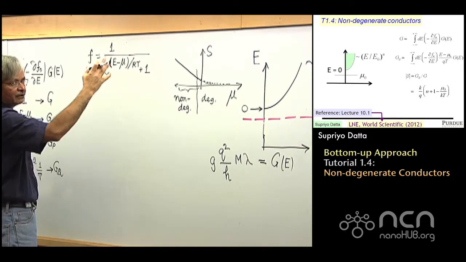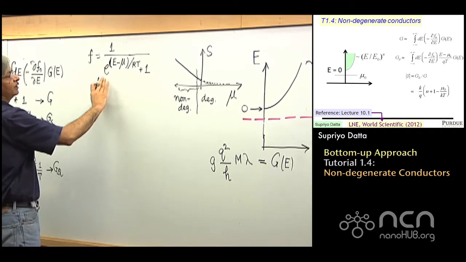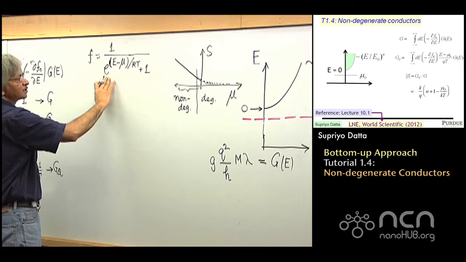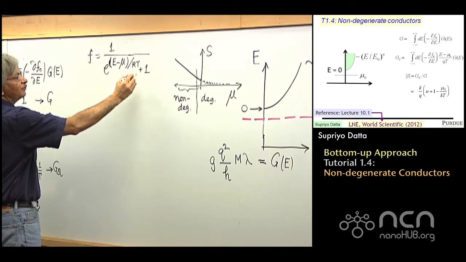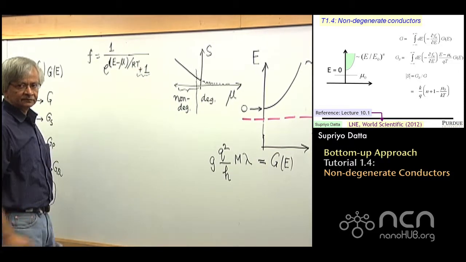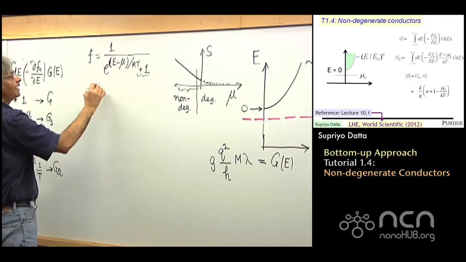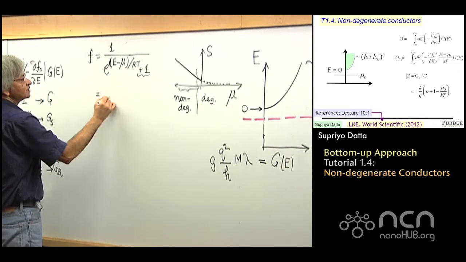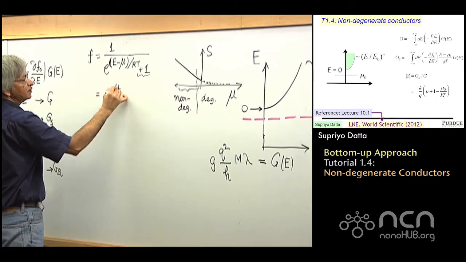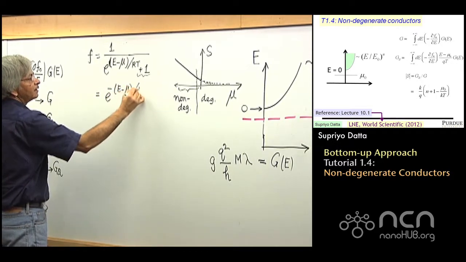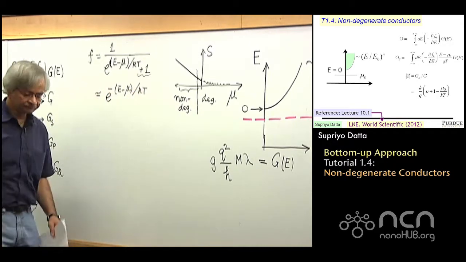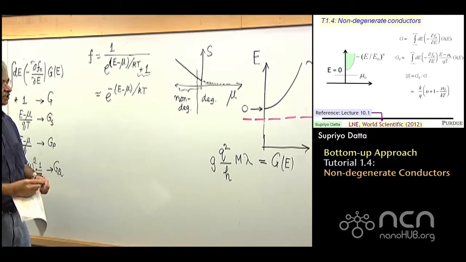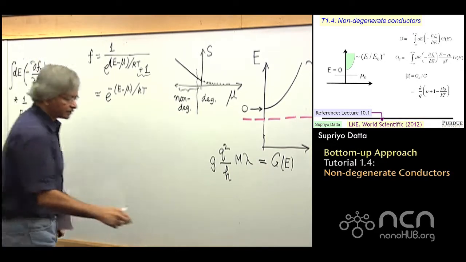Let's say 4, 5, 10, 40. So this is a big number, like exponential of 10 or exponential of 100, and so we don't really need the 1. You can leave out the 1. So we can write f as just exponential of minus (E minus mu) over kT. Sometimes people call this the Boltzmann approximation. So that's what non-degenerate implies in this context.